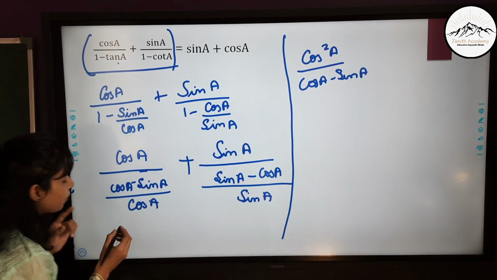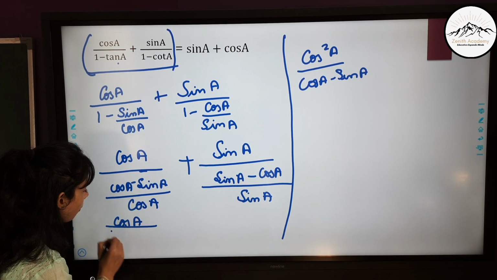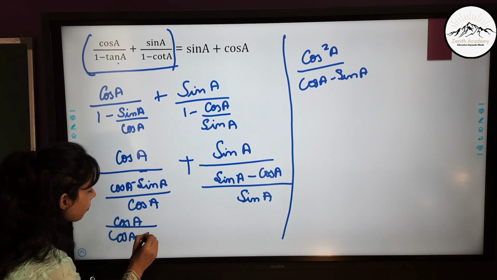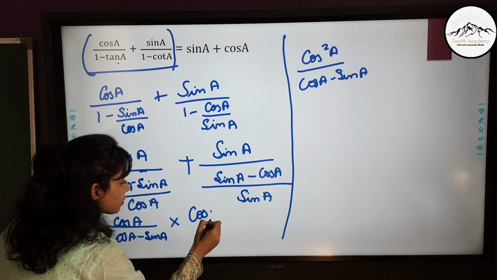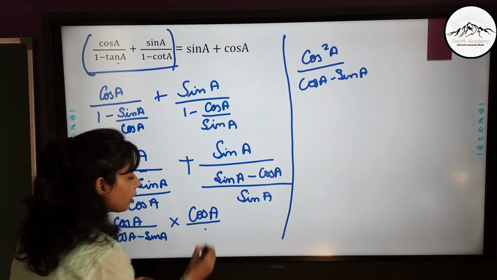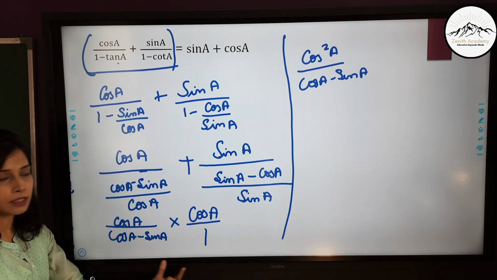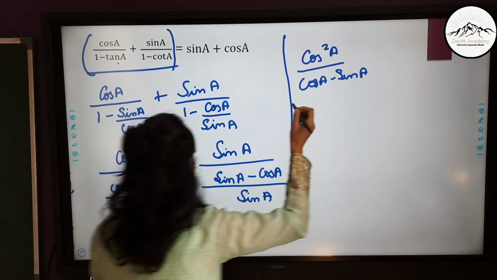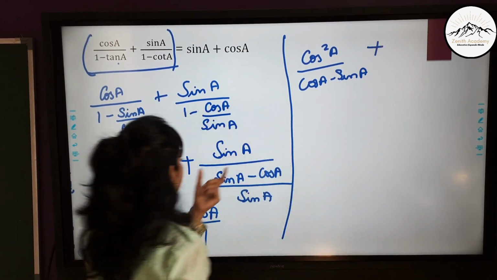See, how have I done this? This is actually cos A upon cos A minus sin A over cos A, which becomes cos A upon 1, and we multiply to get cos square A upon cos A minus sin A. This is plus.